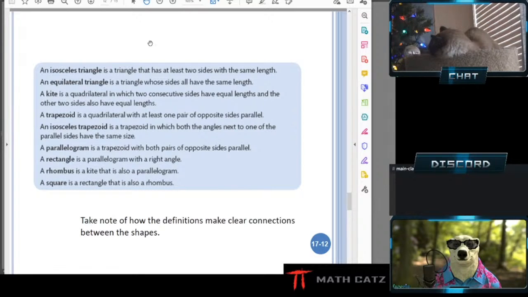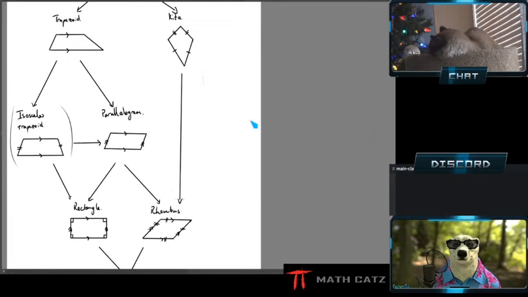I'll put other ways up here, other words used to define these. Some of them are the same as mine, some of them not necessarily. Making it a little bit more confusing, admittedly, that there isn't one specific definition of a parallelogram, of a rectangle, of a square. But just pick one that you find comfortable, that fits in this hierarchy, and I think you'll be okay.